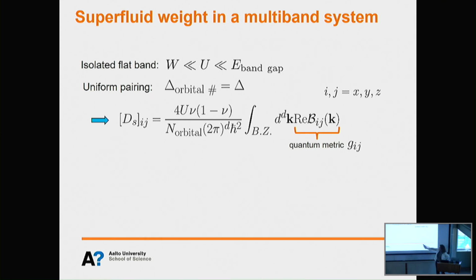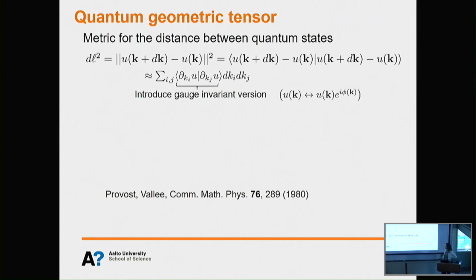We recover this linear dependence on the coupling that was also obtained for the pairing gap. So the same comes for the superfluid density. And then there is some filling dependence, the number of orbitals. And this one now contains the quantum metric that I talked about, integrated over the Brillouin zone. So this geometric quantity determines whether you can have superfluidity in a flat band.